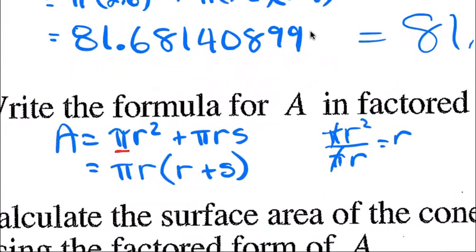Pi is common to both, and r is also common to both, and the lowest exponent is a 1. So I should be able to factor out pi r for each term. I factor out a pi and an r from pi r squared, I get r. I factor out a pi and an r out of pi r s, I get s. And there's our simplified factored form of that equation.